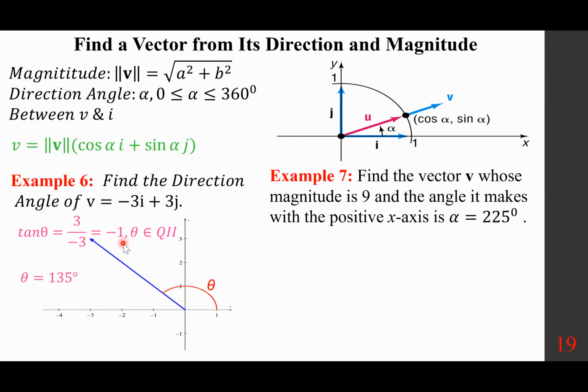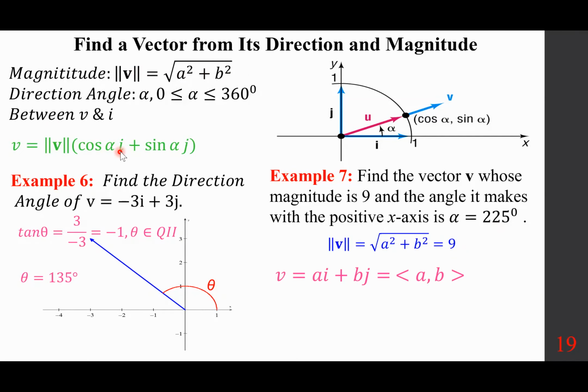Find the vector v, whose magnitude is 9, and the angle it makes with the positive x-axis is alpha equals 225 degrees. So over here, we can replace this one with 9 and alpha with 225 degrees.